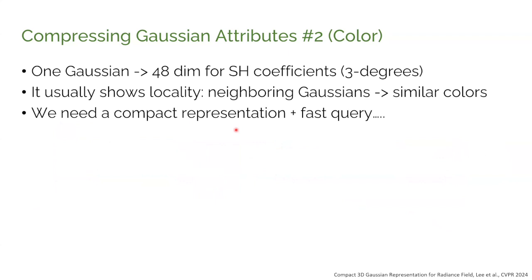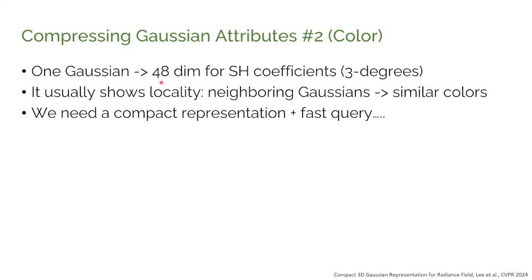So another one is color. For each Gaussian, the color occupies most of the space, especially since it takes 48 dimensions for the spherical harmonic coefficients. But the color, unlike the shape, shows locality, meaning that neighboring Gaussians tend to have similar colors.